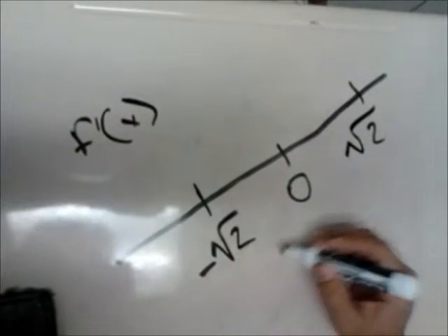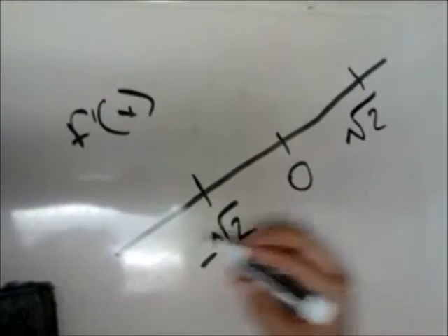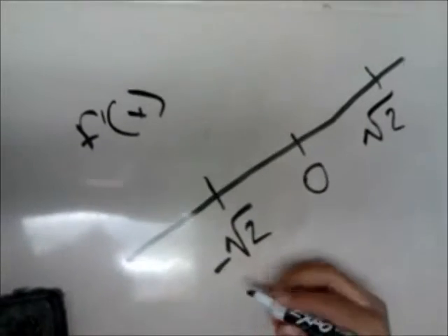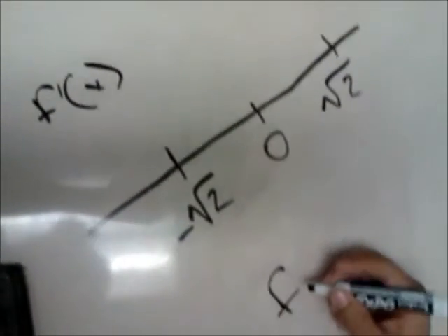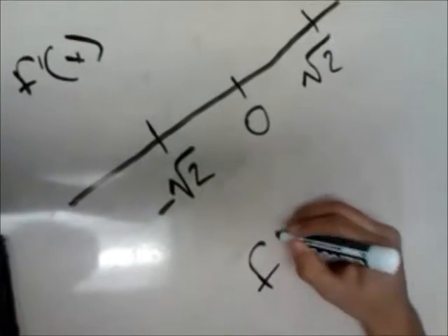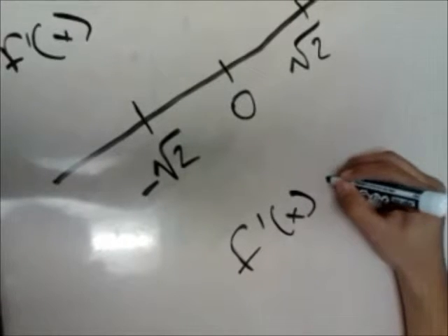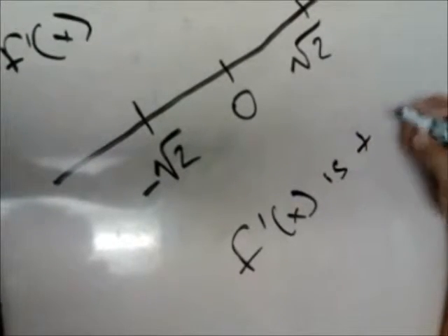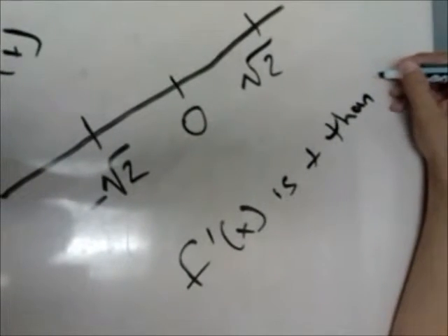Okay, so we plug each one of these back into the original equation. We'll find out right here if f prime, and this is the first derivative rule now, if f prime of x is positive, then the graph is increasing.